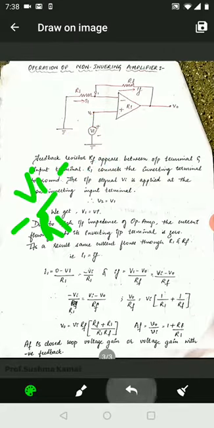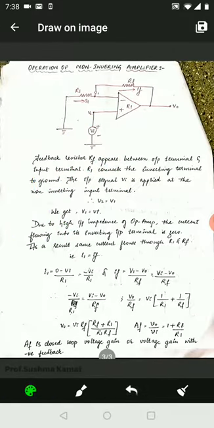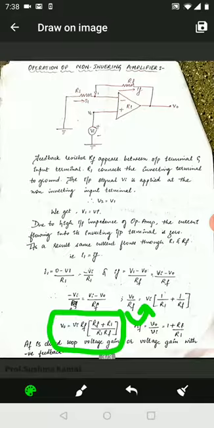Now the next equation will be V0 is equal to, the Rf term is now taken inside, V0 is equal to Vi into Rf into, with a cross multiplication of terms, Rf plus R1 divided by Rf into R1.